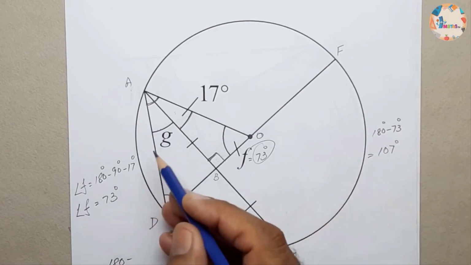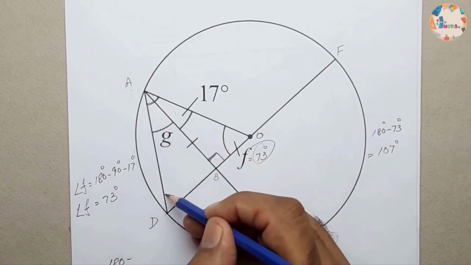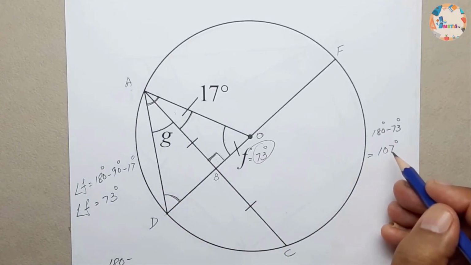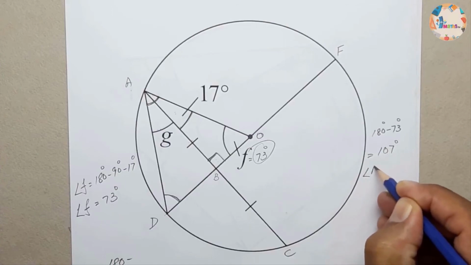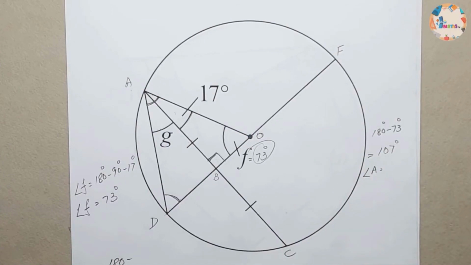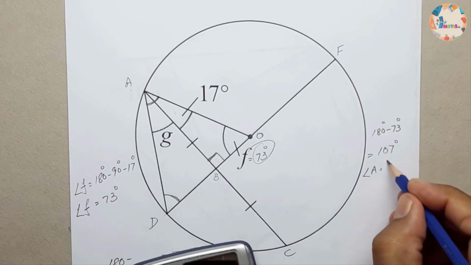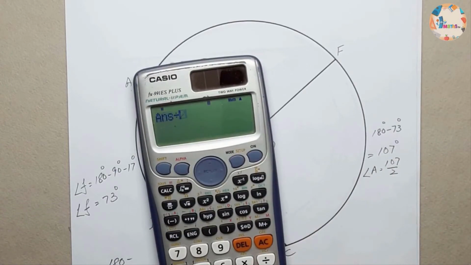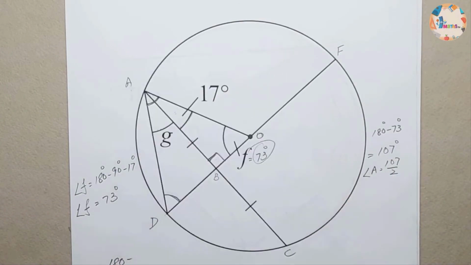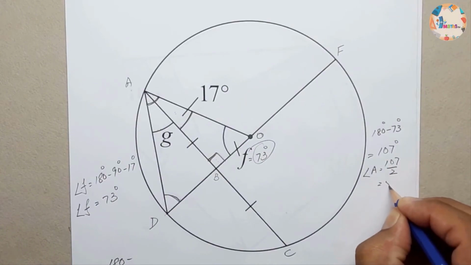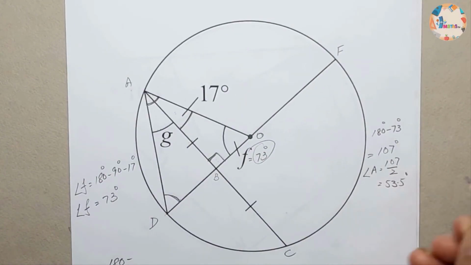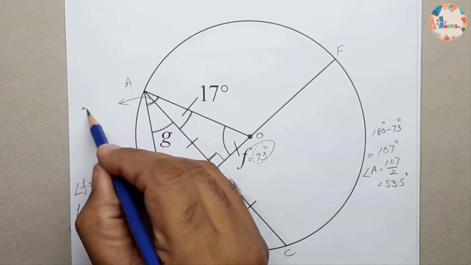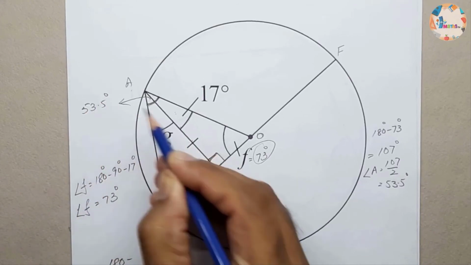So these two angles, angle A plus angle D, add up to 107. So angle A will be equal to 107 divided by 2, which is 53.5. So angle A is 53.5 degrees, and this complete angle is 53.5 degrees.